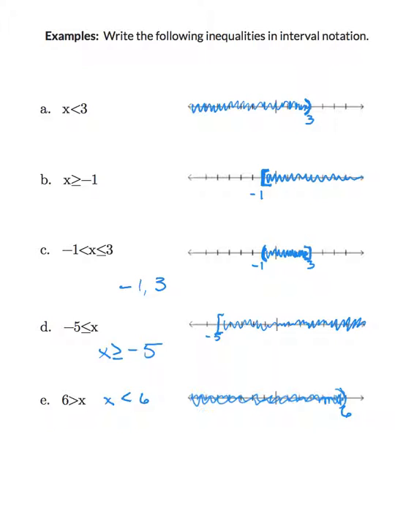From here, I want to encase them in parentheses and/or brackets. All you have to do is look at your number line and see what symbols you used there. For -1, we had a parenthesis opening to the right. We're going to use the same symbol in our interval notation. For 3, we had a square bracket opening to the left, so we use the same notation.